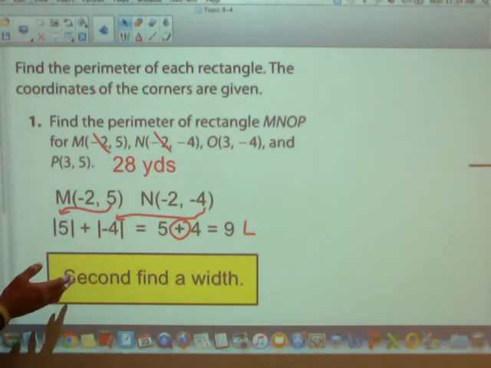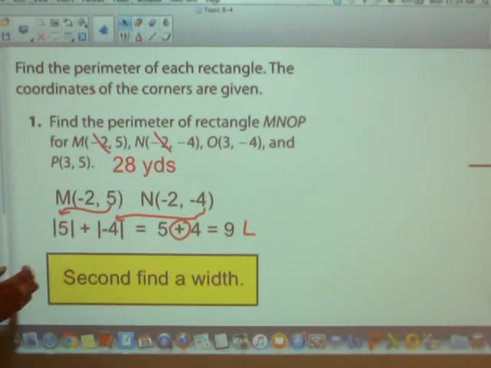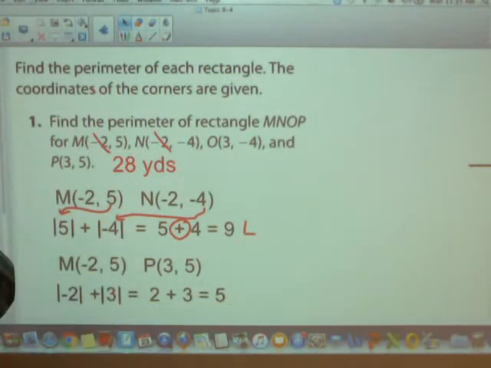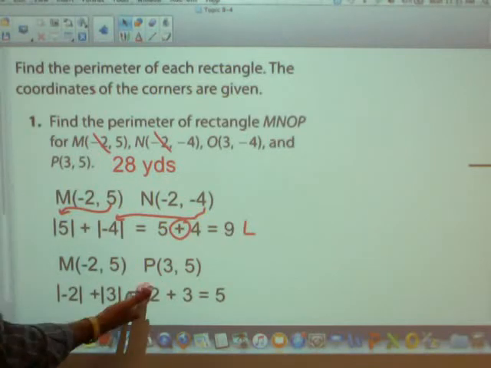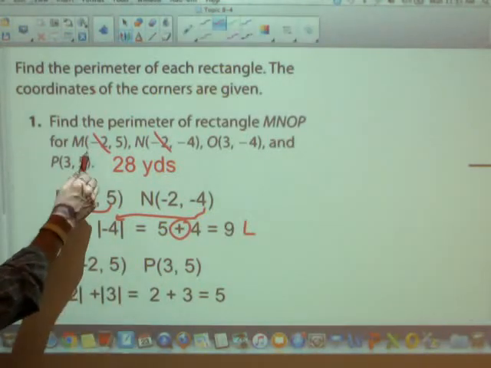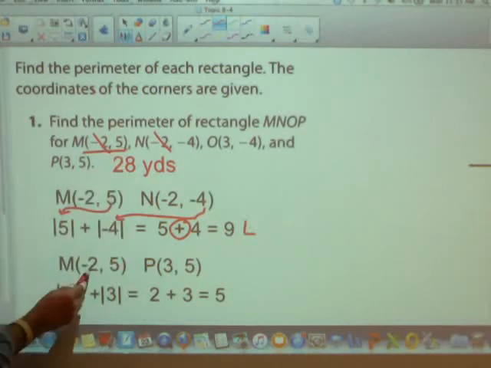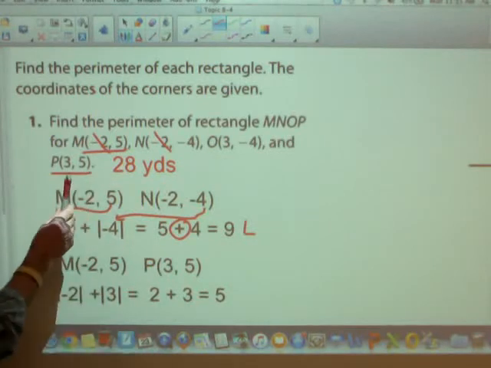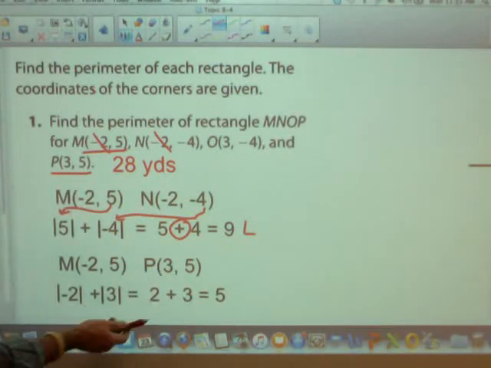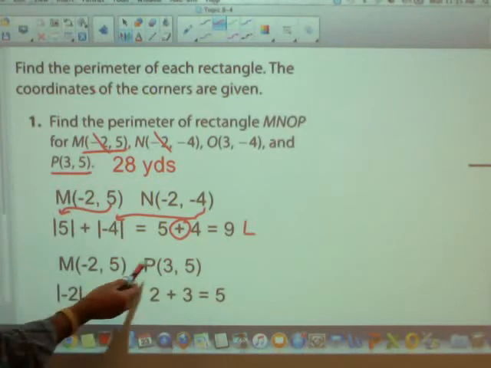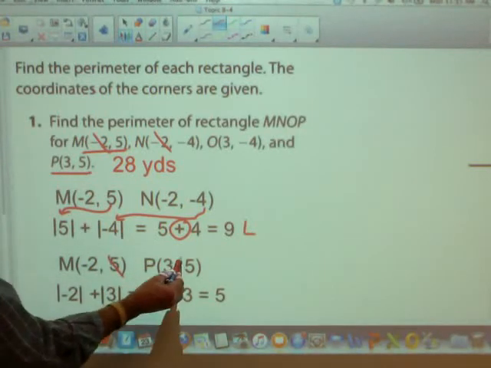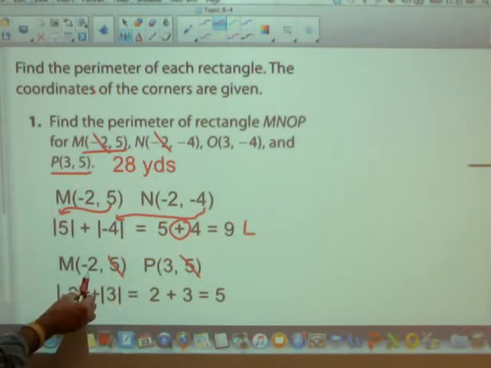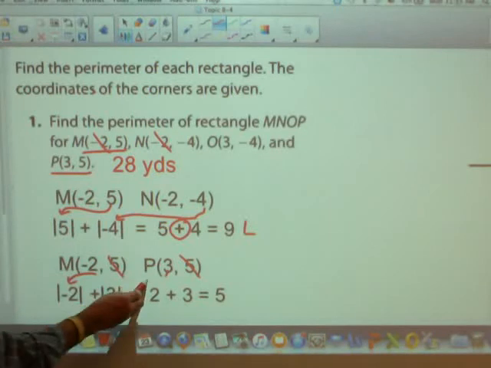Well, in order to establish a width, I'm going to go with point M and point P. So if you could envision this, I would then take my coordinates for M, which would be -2, +5, and then my coordinates for P, which is +3, +5, and I'm going to eliminate the common number, which is a Y value this time, and I'm going to then combine these absolute values into the operation that'll give me distance.